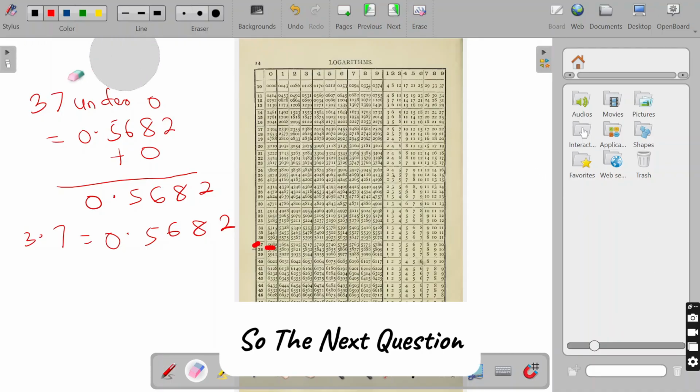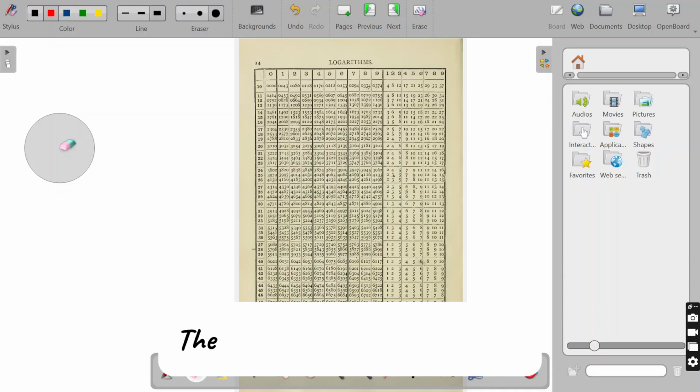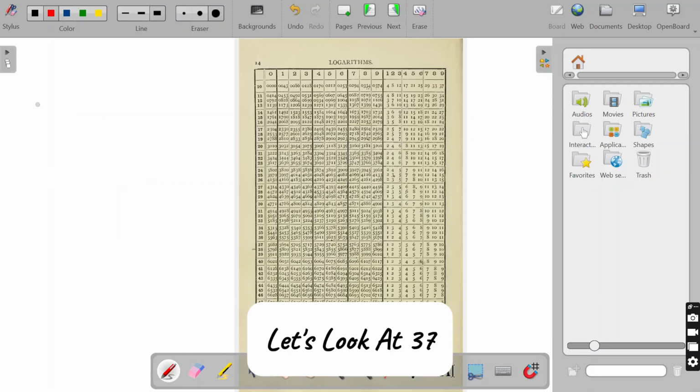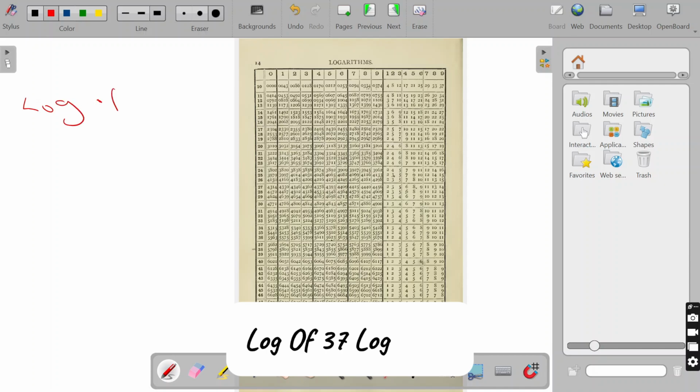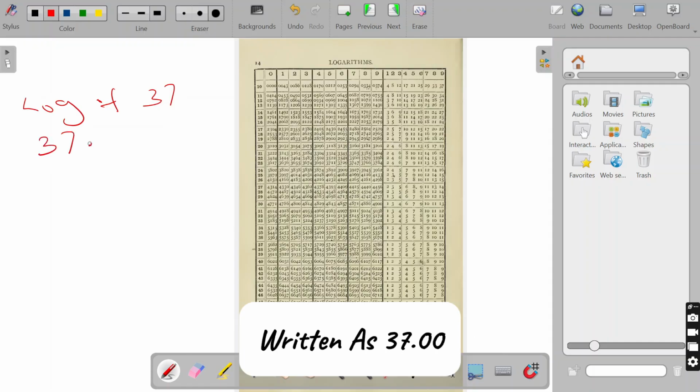So the next question was log of 37. In like manner, let's look at log of 37. 37 can be written as 37.00.